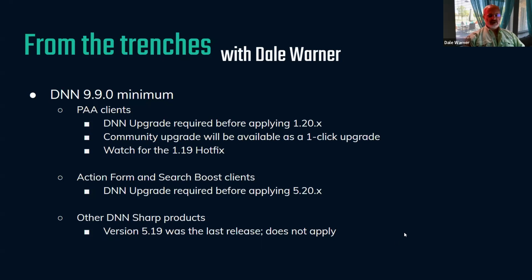The product does not currently do that, but we want to make sure it's available for you as a hotfix in version 1.19 so that you can apply it and get the minimum up to 9.9 before you advance to our Plantain App version 1.20. So trying to make that process as easy as possible.